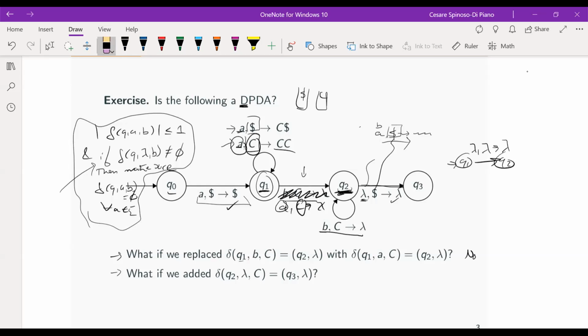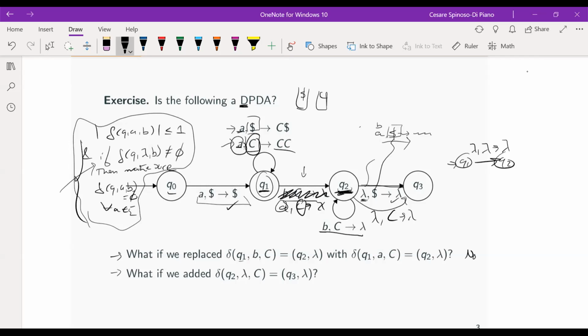Okay, so very good. It looks like you guys are getting it. And then the other one here is a similar question to before. If we added Q2, lambda, C goes to Q3, and essentially you don't touch your stack. So if you read a lambda, there's a C at the top of your stack, and you pop it. Well, now it's this rule that is being violated.